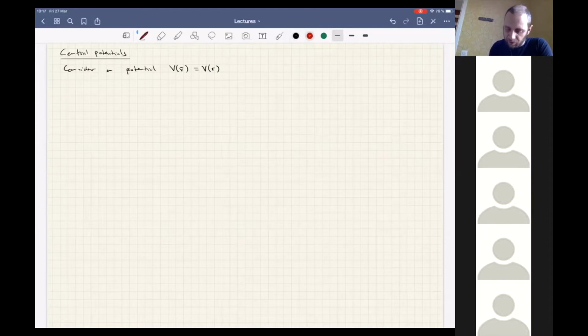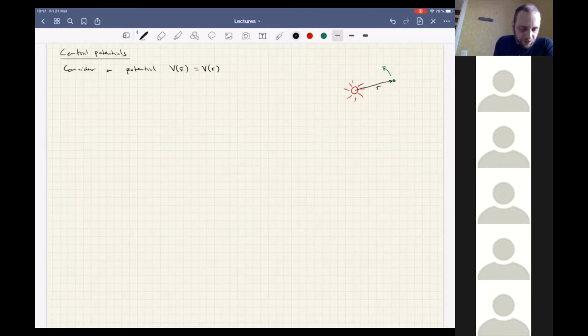So for example, if you have your sun here and you have the earth going around, it's essentially moving in a central potential where the distance r is the distance from, well, in reality the center of mass of the system, but which is essentially the position of the sun.